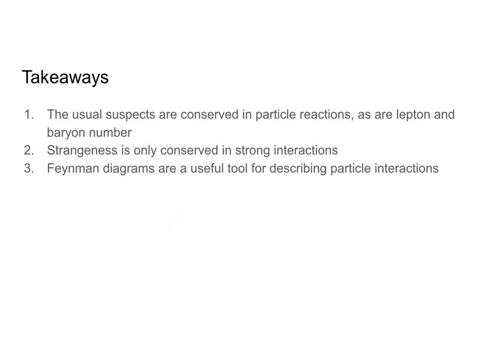Okay, so let's talk takeaways. First of all, the usual suspects are conserved in particle reactions, as are lepton and baryon number. Now, of course, when I say usual suspects, I mean mass, momentum, energy. Well, actually, okay, let's be more accurate, right? Not mass and energy separately, but mass and energy together, momentum, and charge.